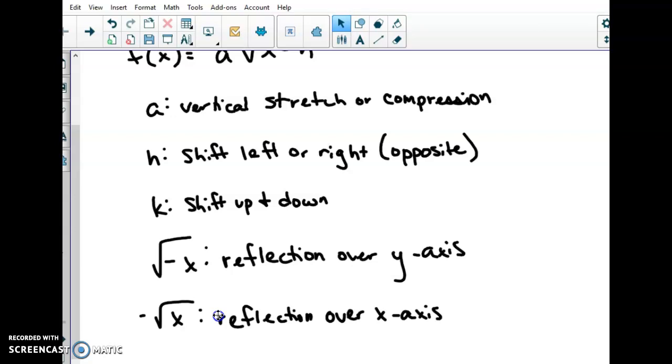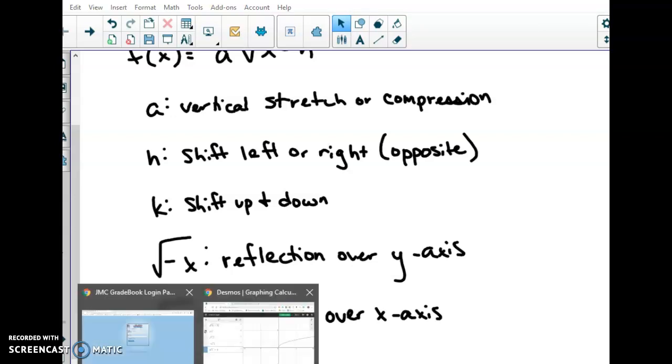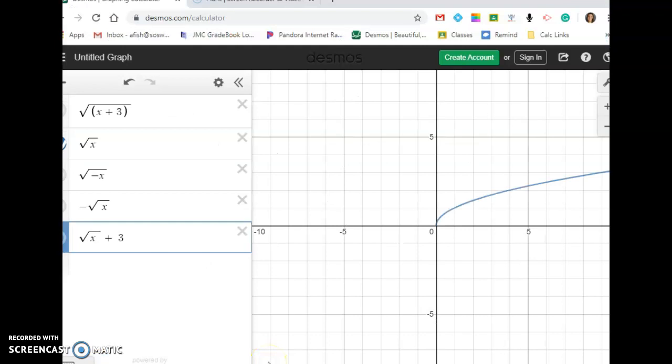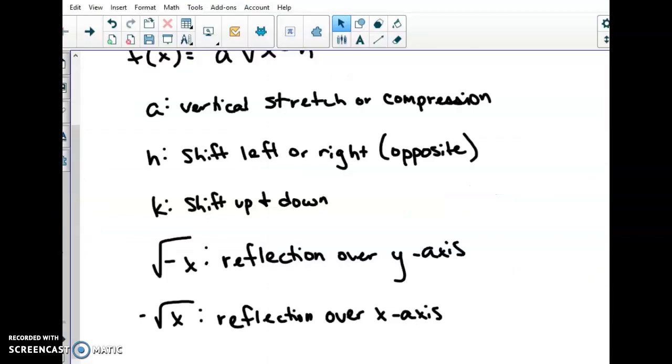So looking at all these different things, we're going to kind of look at this and combine some stuff and figure out, how does the graph shift left or right, up or down, all of that good stuff. And then sometimes you'll be given a picture of a graph and you'll have to figure out what is the transformation of that graph.